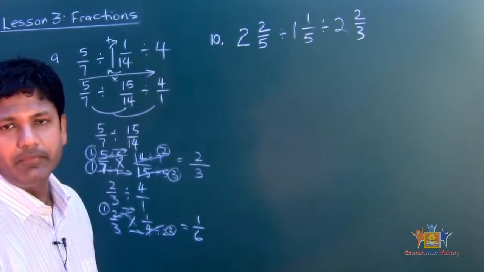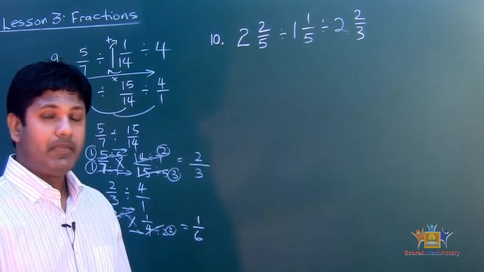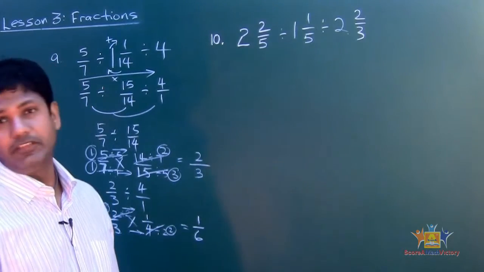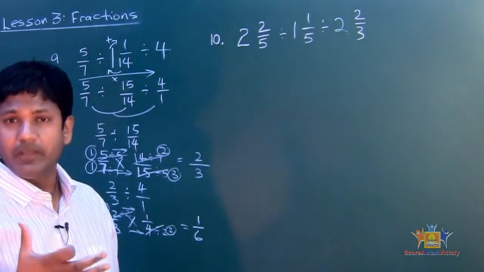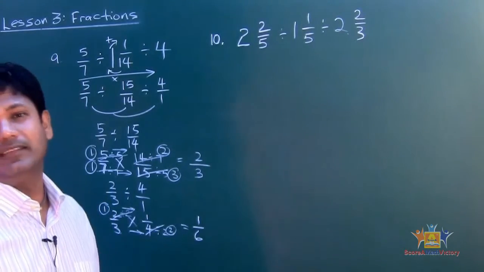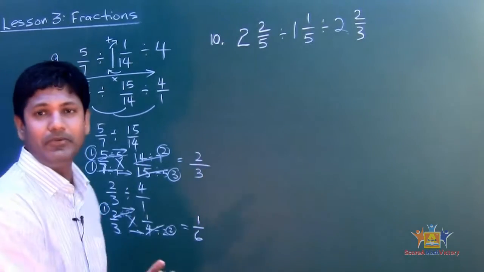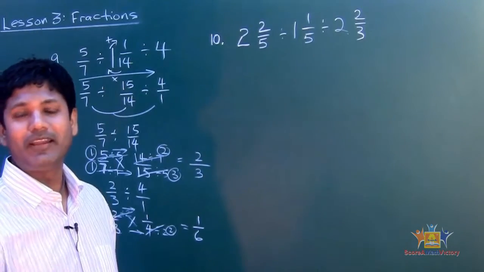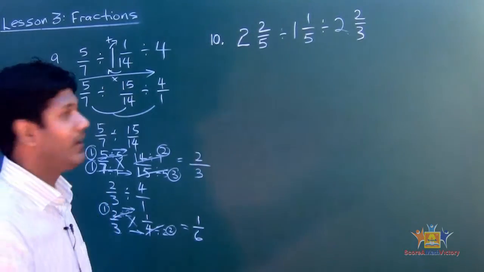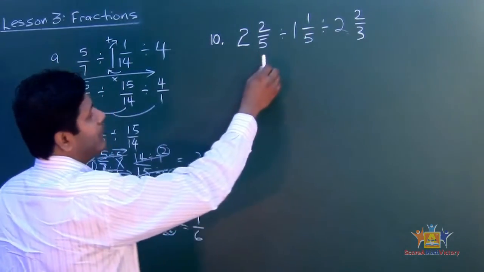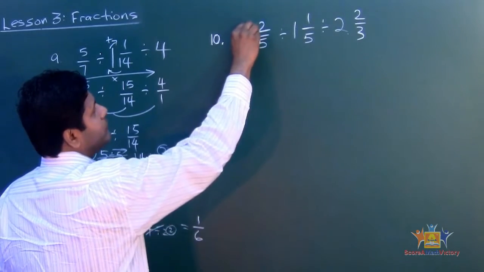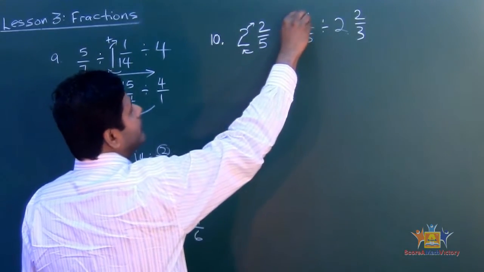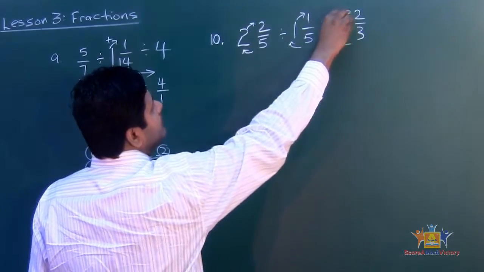You've got 3 numbers, all 3 in mixed number form, and you just change them to fractions, which would be improper fractions. That's it. The rest of it is like what we've been doing. Use the left to right method. So we're going to use the semicircle method for all 3 of them, because all 3 are mixed numbers.